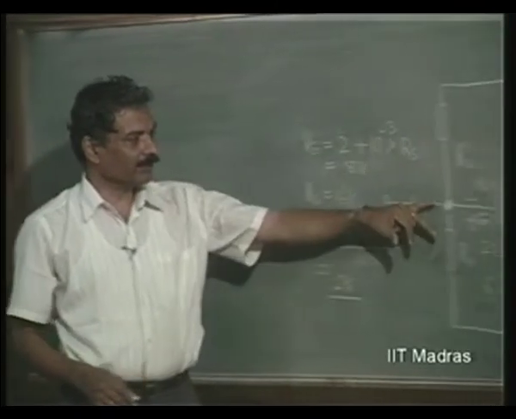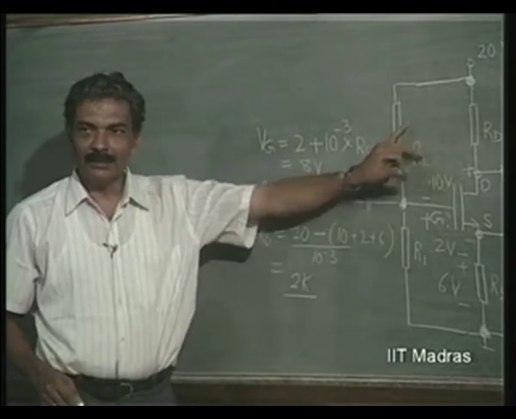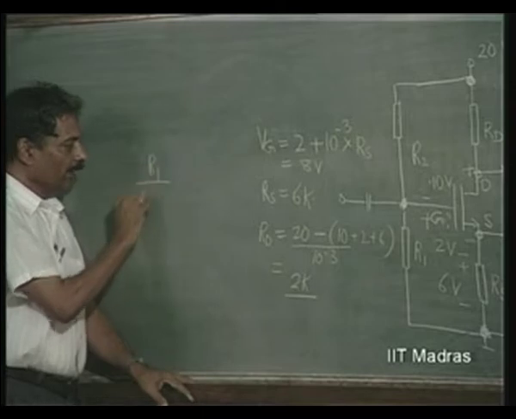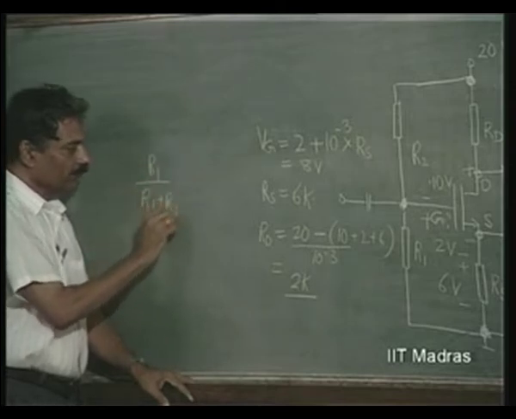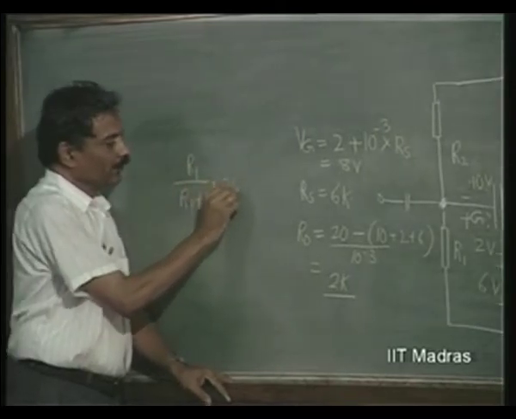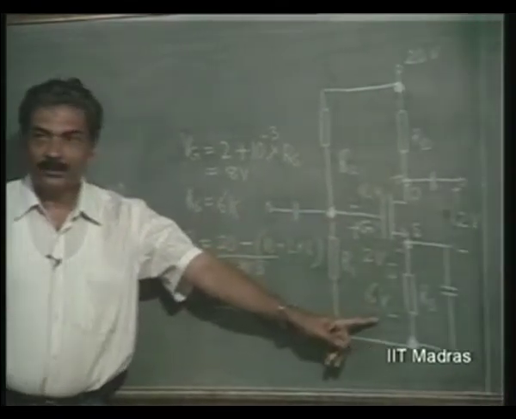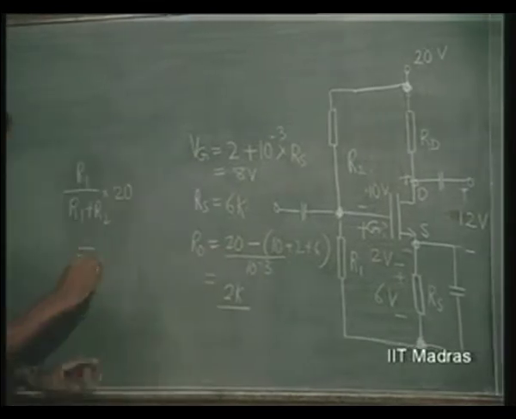And what else has to be done? We have to fix up R1 and R2. So how do you fix up R1 and R2? R1 by R1 plus R2 times 20 volts should be equal to 2 plus 6, 8 volts.